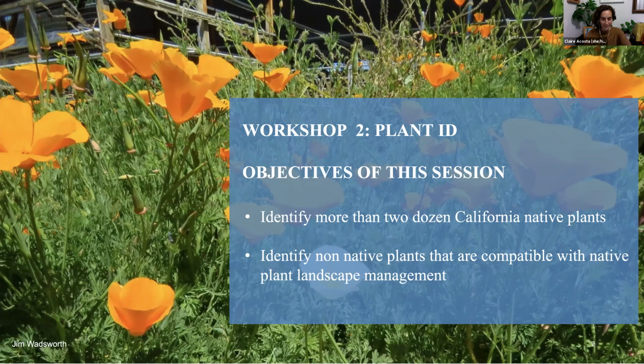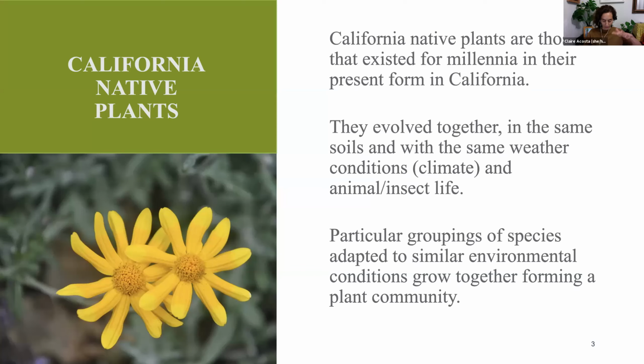And lastly, before I get into this slide, there's a handout associated with this class. It's called Easy Native Plants for Southern California. It's a great list of over 24 native plants that are considered easy. So they're not very fussy and they thrive relatively reliably in most gardens.